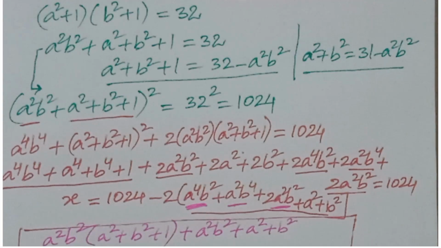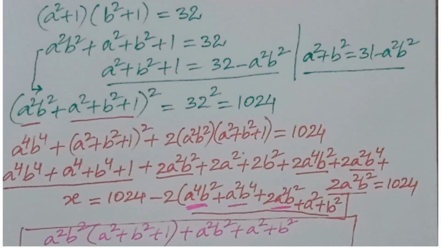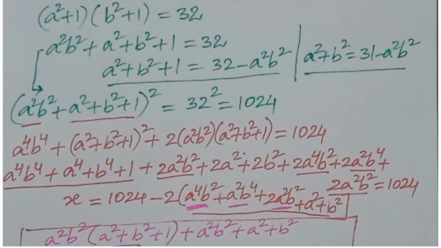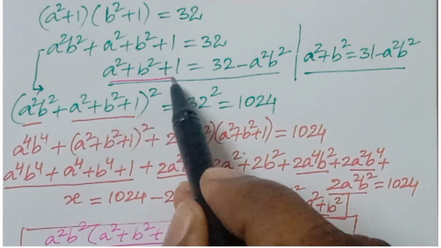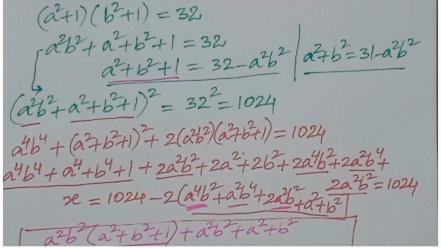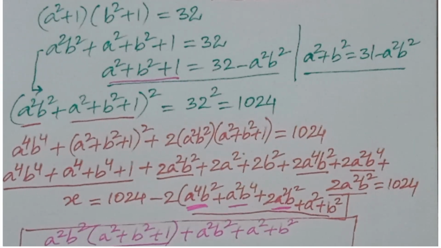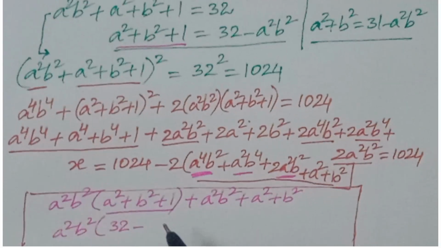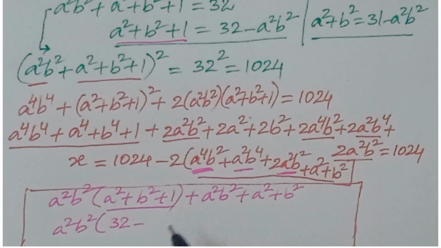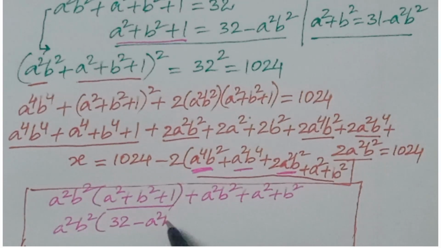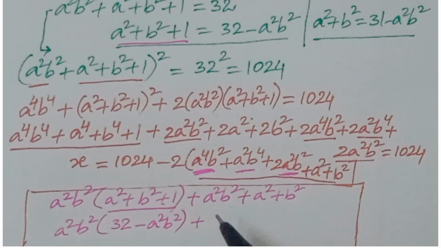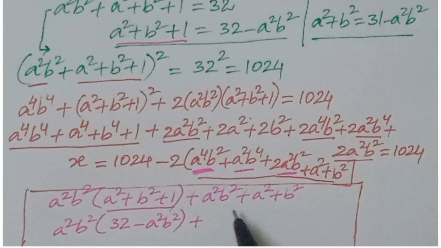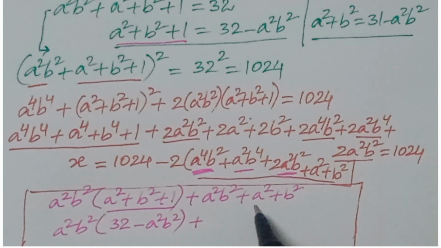Now this can be written as a square b square into a square b square plus 1, already I wrote here. A square b square plus 1 is equal to 32 minus a square b square plus this a square b square value.